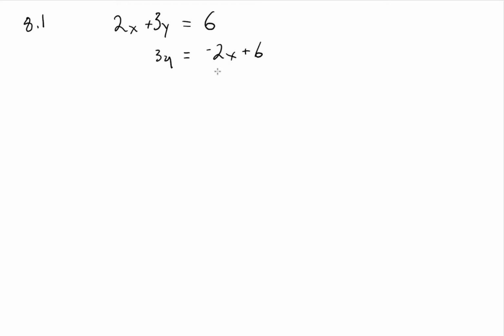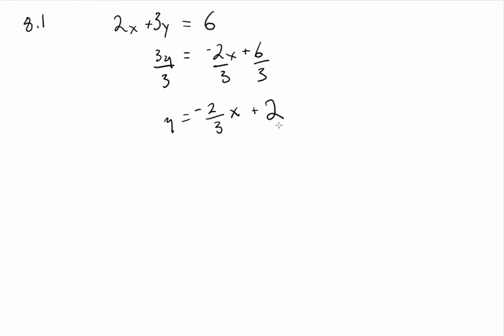Now we're going to divide everything because we have to solve for y all by itself. So we're going to have y equals negative 2 over 3x plus 6 divided by 3 is 2. So this is our equation of the line. This is what we're going to use to find our points on the line.